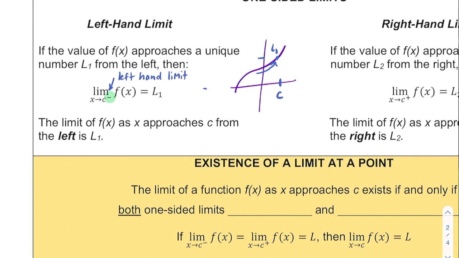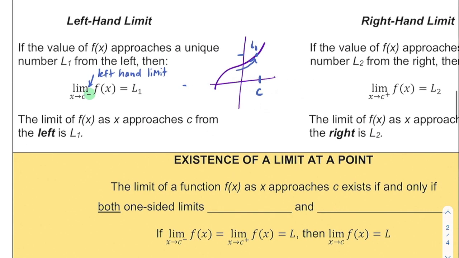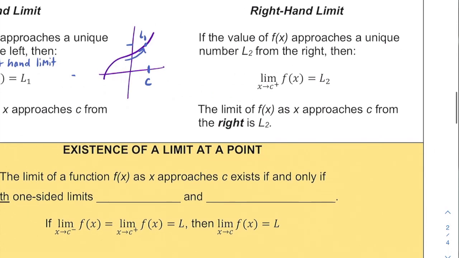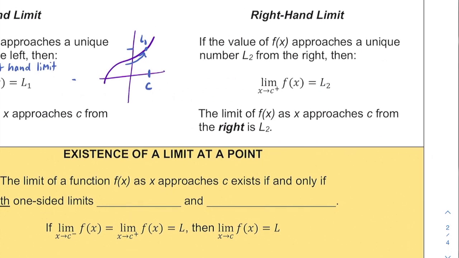Right-handed limits are really the same idea, but we're going to switch out some notation. If the value of a function approaches a unique number L2 from the right, then our notation is as follows.